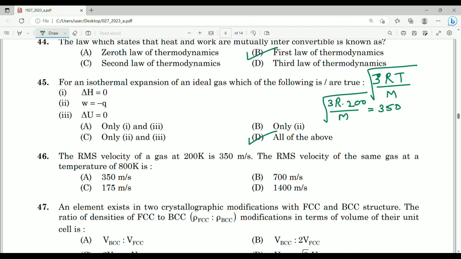So we have to find at the 800 Kelvin. So 3R into 200 into 4 will give you 800. So root of 3R 200 into 4 by M. That means 350 into root 4. That means 350 into 2. That means 700 meter per second. So the answer will be B option.